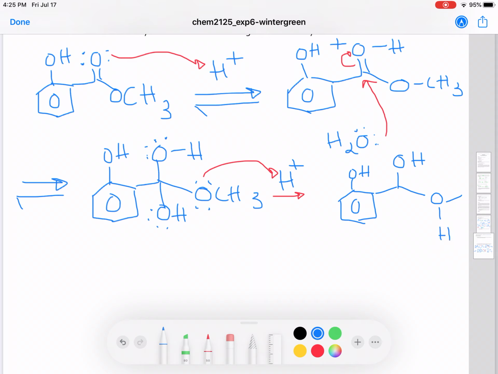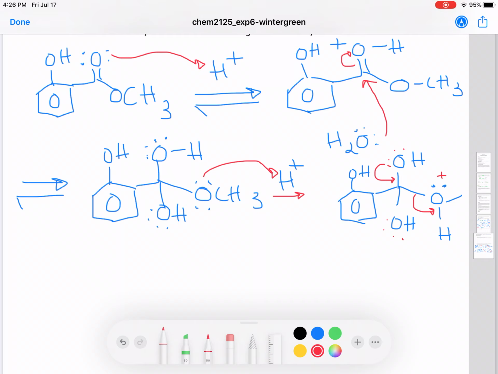Now this has a hydrogen on it. Now since oxygen has 3 bonds, what's going to be the formal charge of oxygen? That would be plus. What do you think is going to happen next?